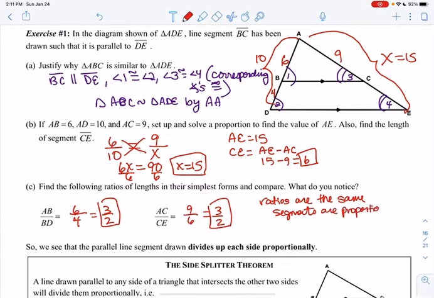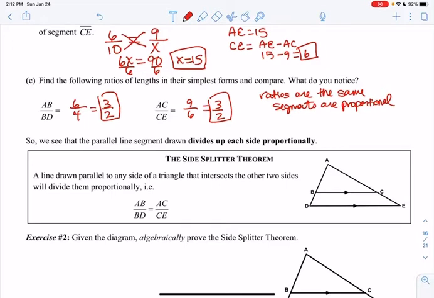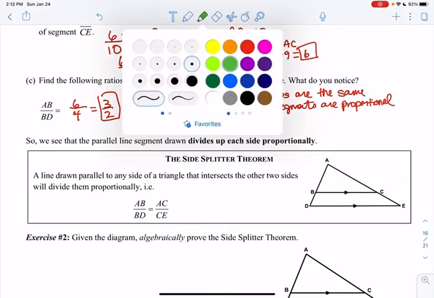Since that's true, we're going to see what our side splitter theorem says. You can also make up a proportion that just uses the top and the bottom of one side and the top and the bottom of the other side. You don't need to use the whole entire side. So we see that a parallel line segment drawn divides up each side proportionally. So here's my side splitter theorem.